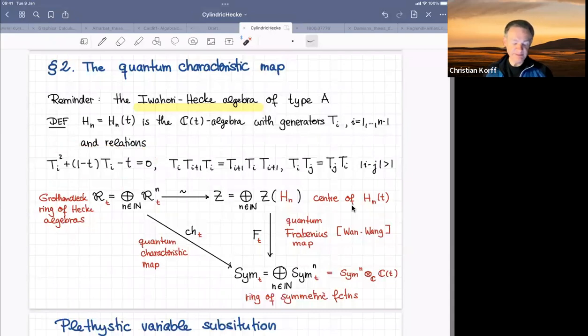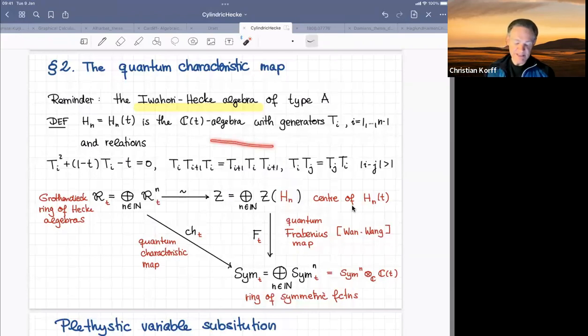So you have this quadratic relation here where T is some indeterminate or deformation parameter. So you see the Hecke algebra as an algebra over the rational functions in this indeterminate T. And I take the complex numbers at the moment for convenience. You could, of course, do it over the rationals.